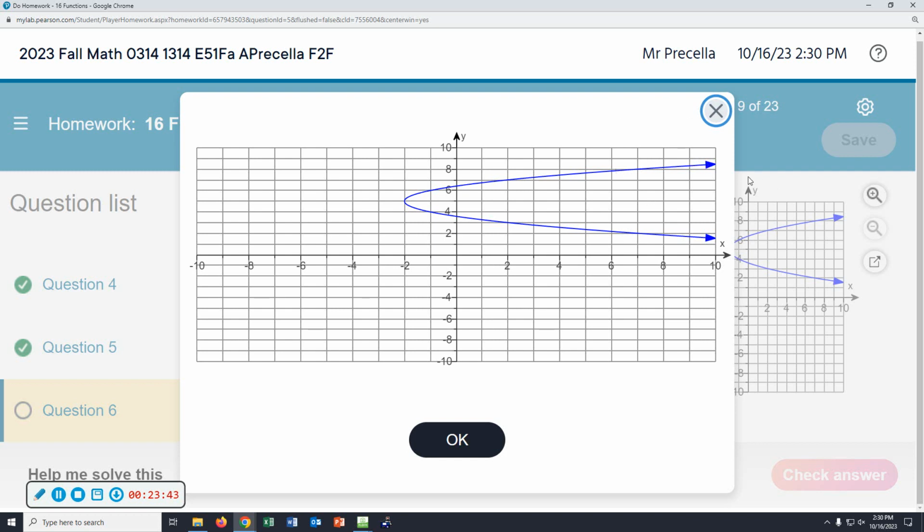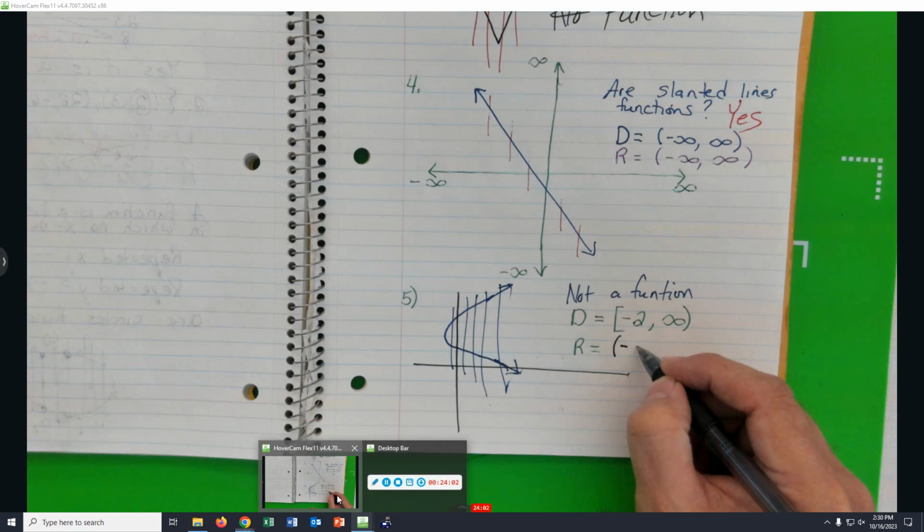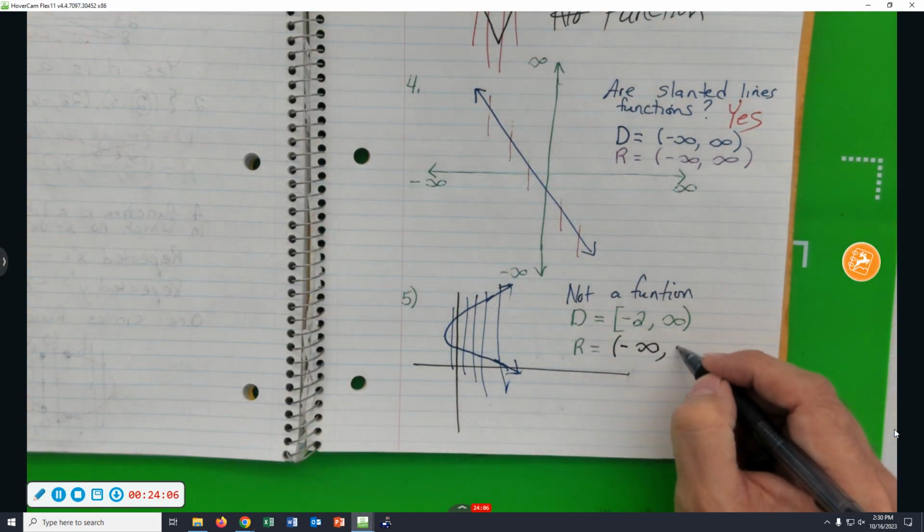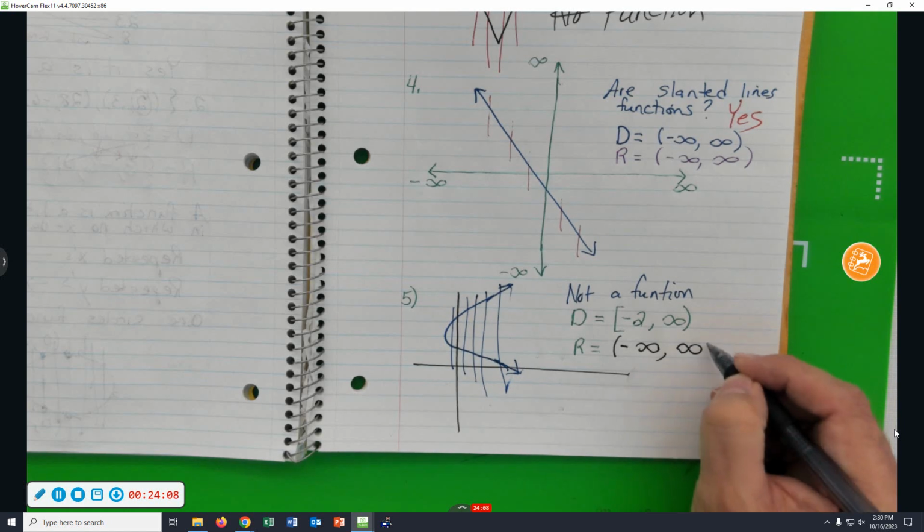It's still going up and down. There's nothing to indicate it's slanted upward, slowly going up, or slanted downward, slowly going down. So what do we say about the range? Negative infinity to positive infinity.